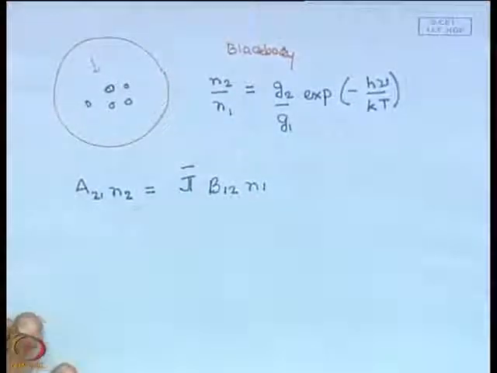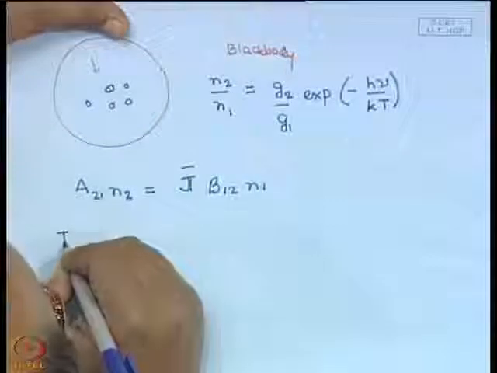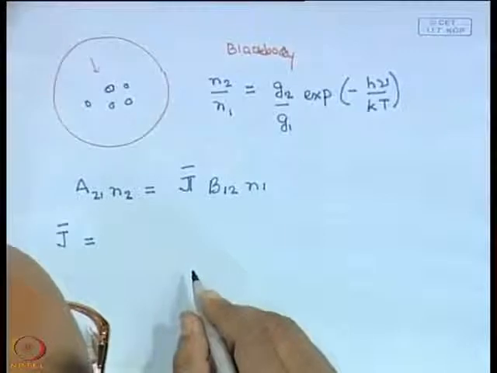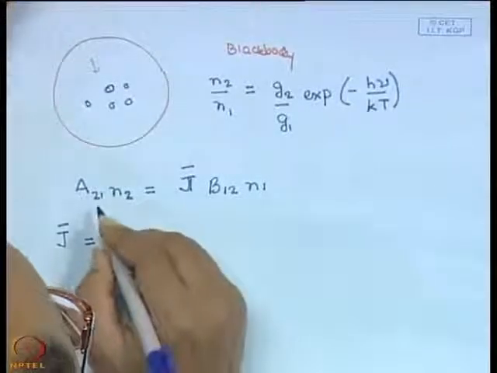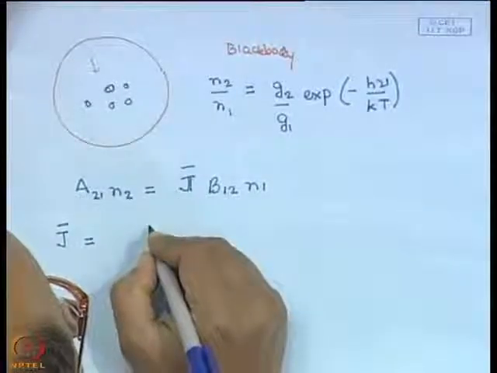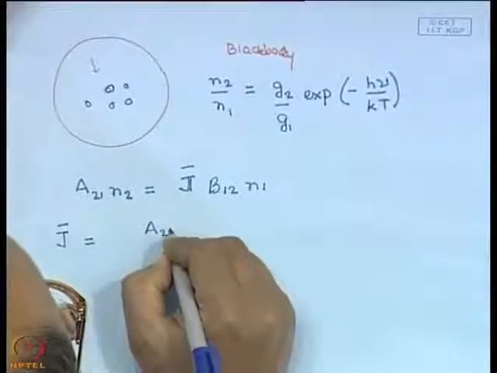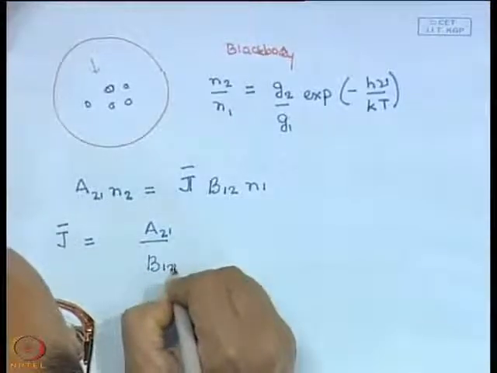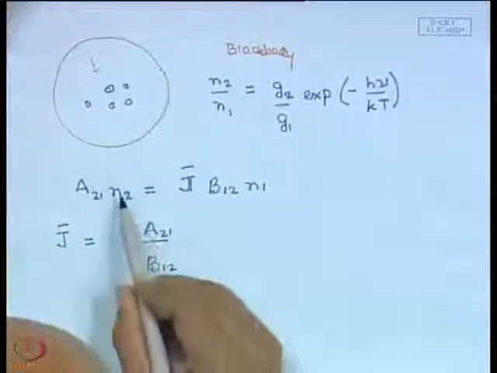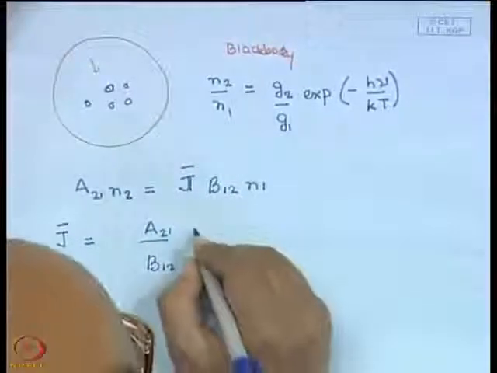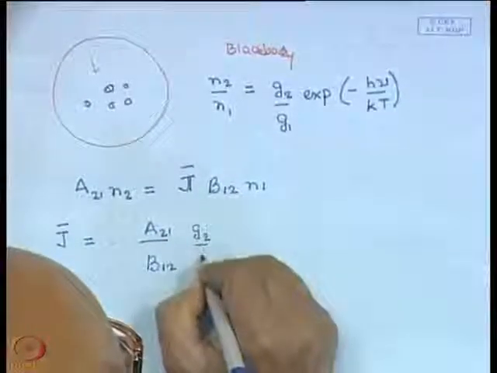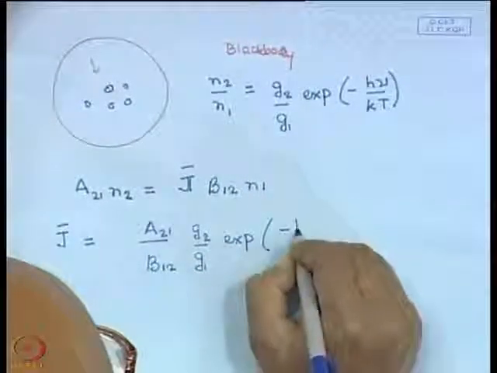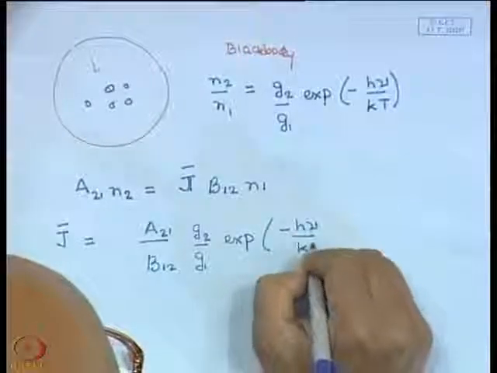So, this tells us that J bar should be equal to A21 by B12, and then we have the ratio N2 by N1, which in equilibrium we know is equal to G2 by G1 exponential minus h nu by kT.